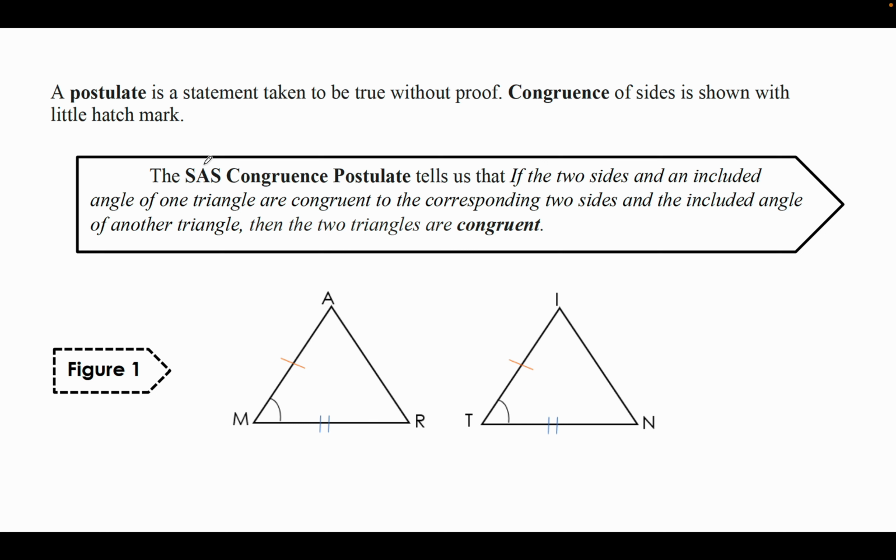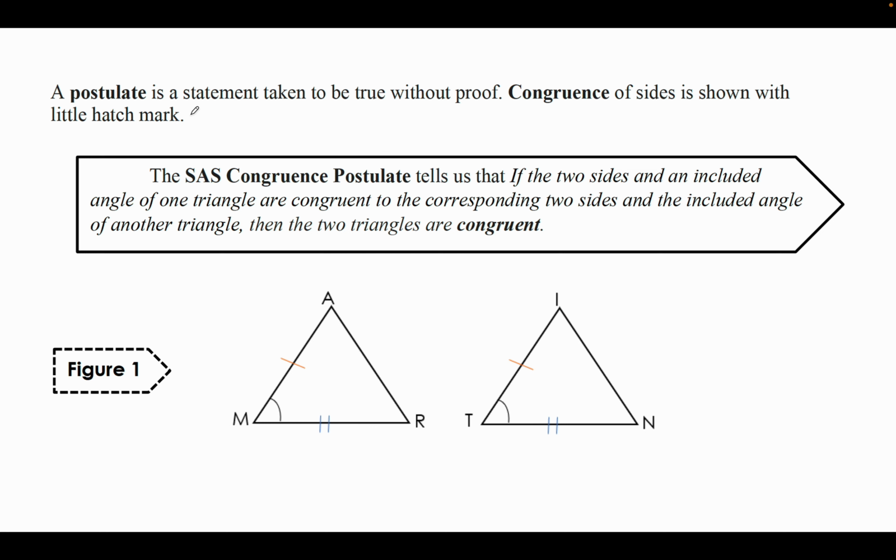Okay. So just like what we discussed last time, when we say postulate, it is a statement taken to be true without proof. In other words, it is accepted without proof. Meaning it's already a fact. We need not prove whether it is true or not because it is already an accepted fact.